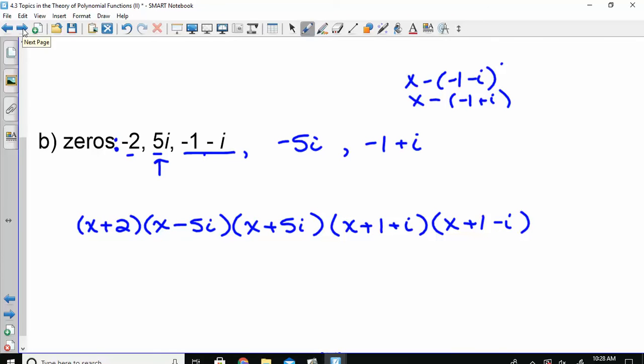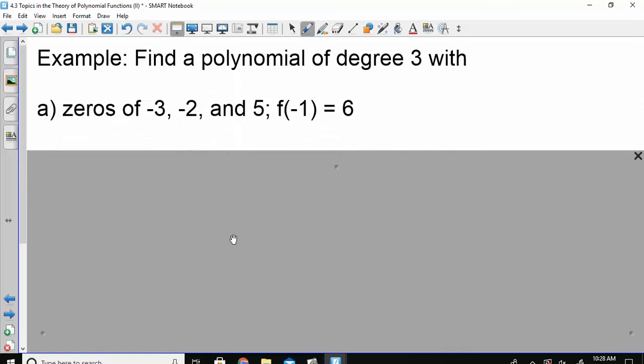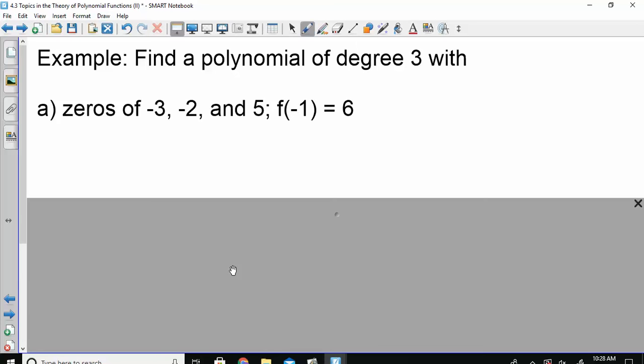Let's do a couple more writing polynomials, but I'm going to change this a bit. So I'm going to tell you that my zeros are negative 3, negative 2, and 5. So do I have to add anything else to the list?